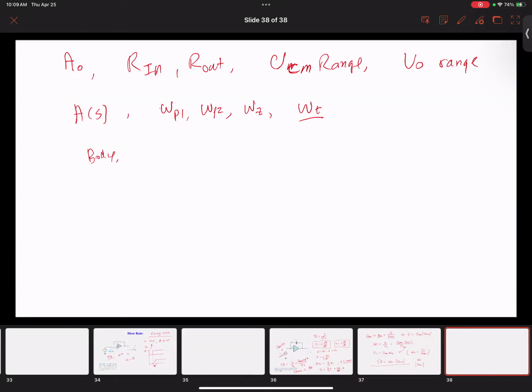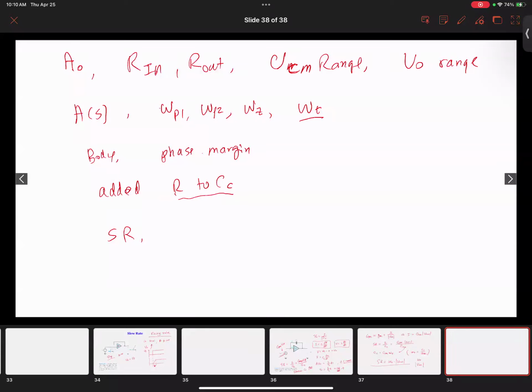and then we also had the phase margin that was defined, and also the gain margin for stability analysis, and then we added R to CC to improve the overall stability of the circuit, and finally we derived the slew rate of the amplifier.